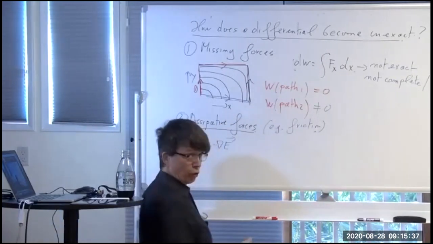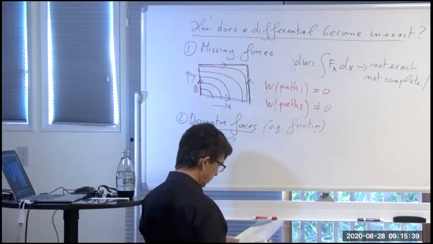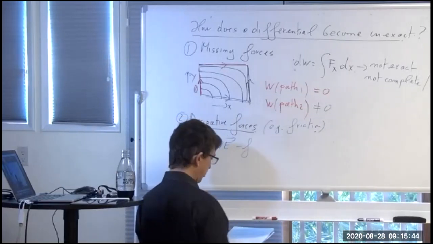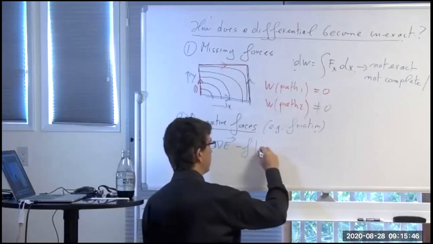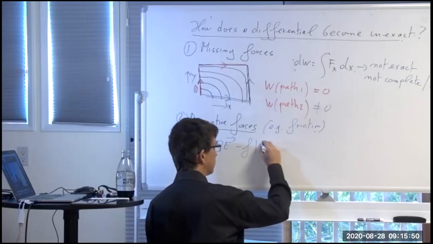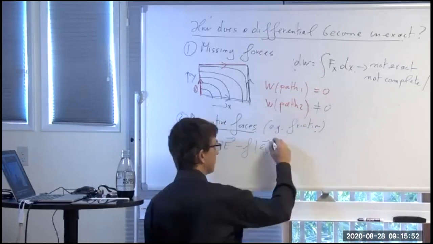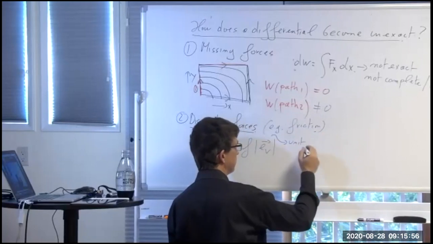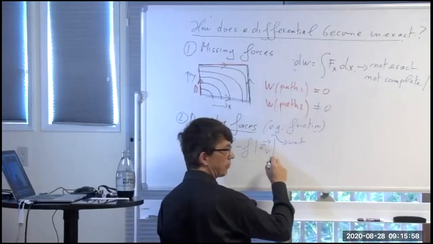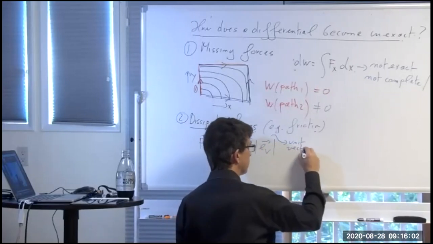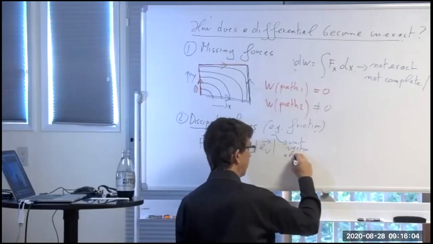So that's the normal conservative force. But let's say I add something that's like minus some number that I'll call F, multiplied by the unit vector along the velocity direction. I just need this to put the force in the right direction, because this is the unit vector along the path, right?